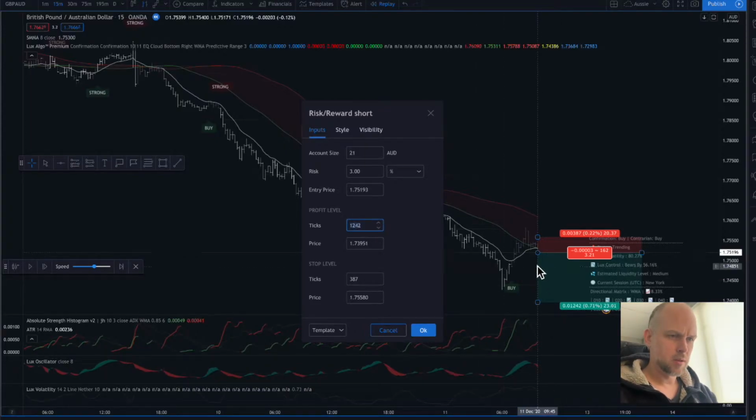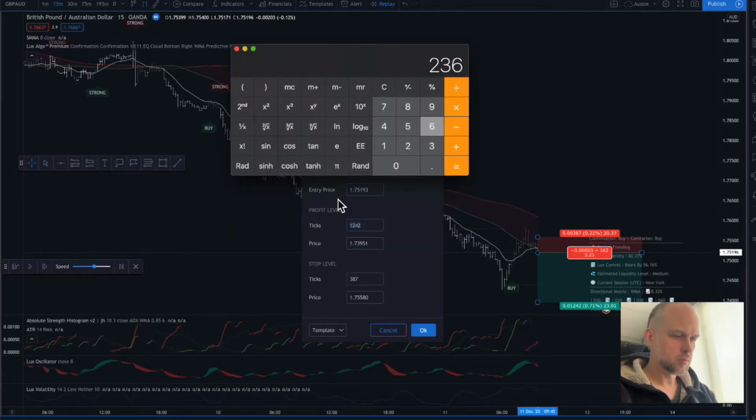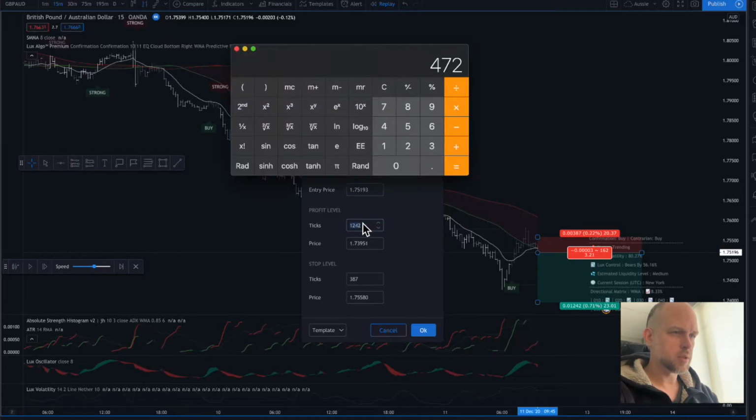So that is 236 times 2, so 472, plus my spread, which is 3. So that actually means I'm going to be going 504.